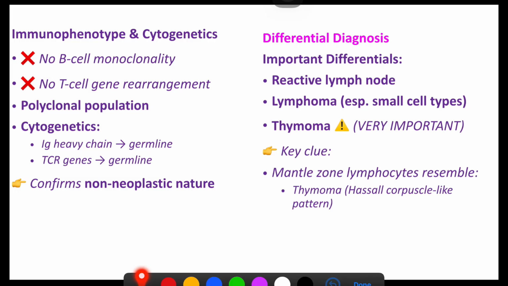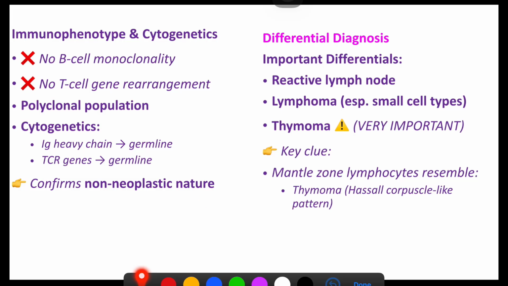So, when we find this, we have to go for immunophenotype and cytogenetics. Here there will be no B cell monoclonality and no T cell gene rearrangement. There is a polyclonal population, and Ig heavy chain is germline. PCR gene is also germline, and it confirms non-neoplastic nature.